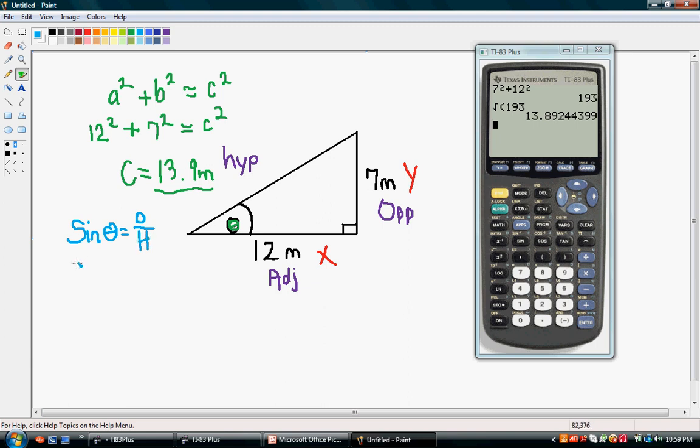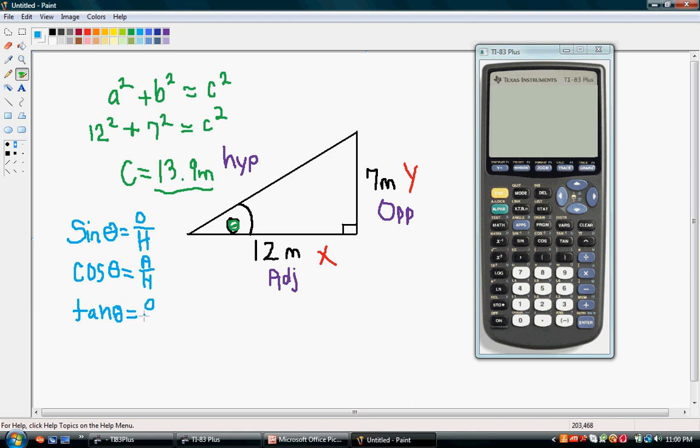And cosine theta, which equals our adjacent over hypotenuse. And then we have tangent theta, which is our opposite over adjacent.